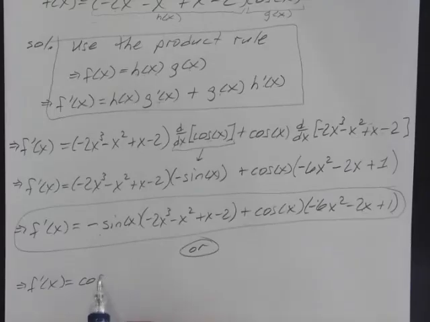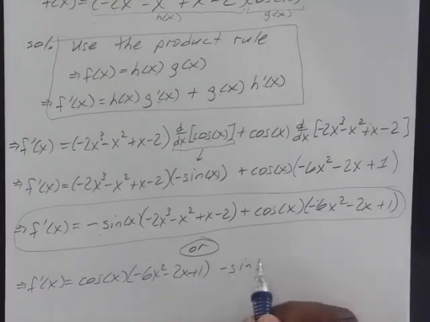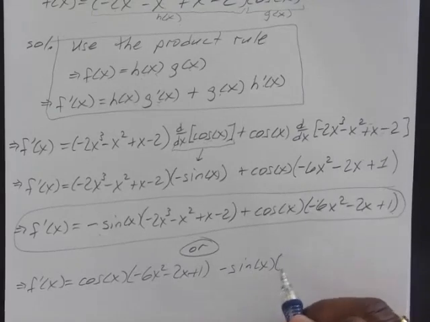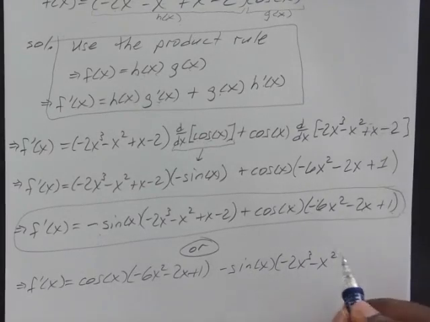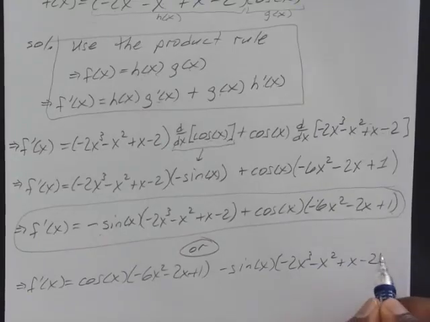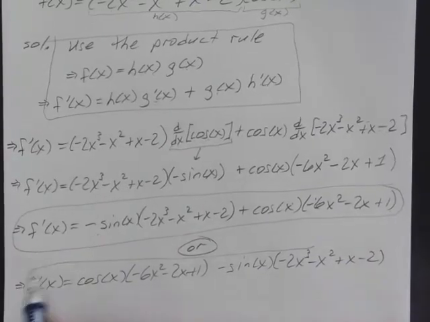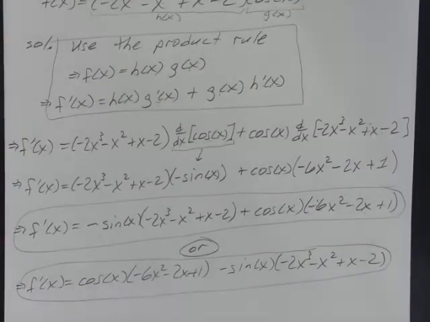So you can make it cosine of x times negative 6x squared minus 2x plus 1 minus sine of x times negative 2x to the third minus x squared plus x minus 2. I don't believe Newton would make a difference between the two, but you never really know.